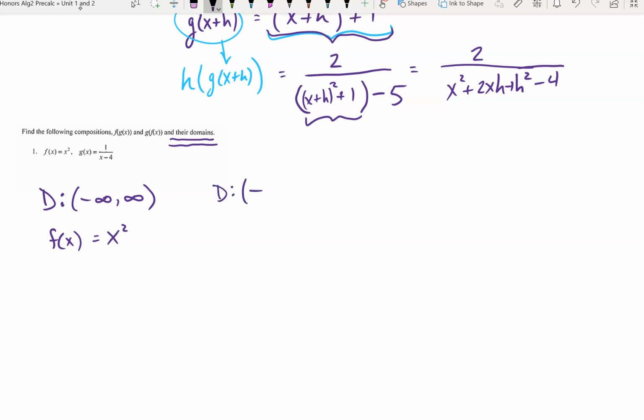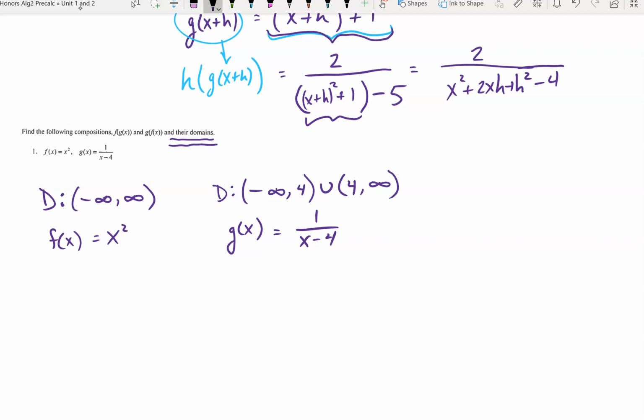So you have this union again, all the way to 4, and then it's going to jump over 4 and go all the way to infinity. Okay, remembering that the reason for that is this g of x. If we did plug a 4 in there, we would be in trouble, right? And not be able to actually divide by 0. So that's why that looks like that.